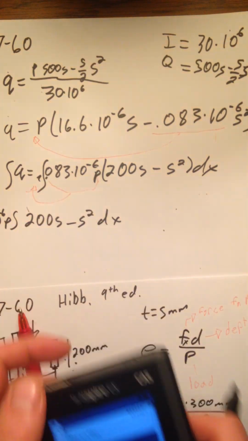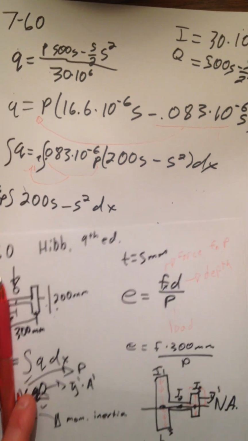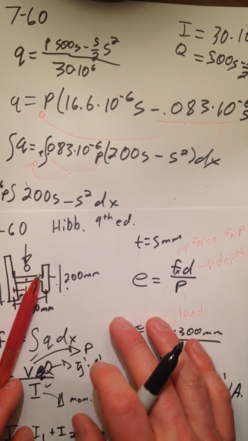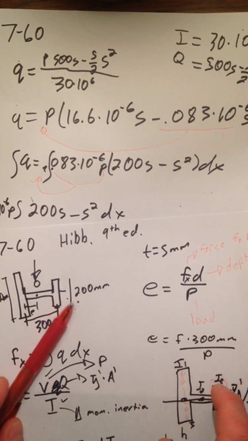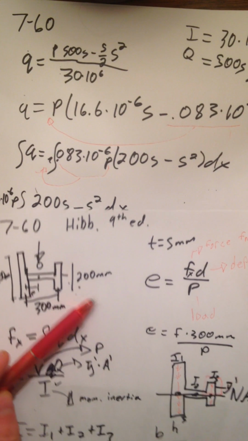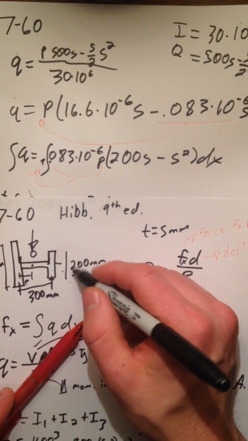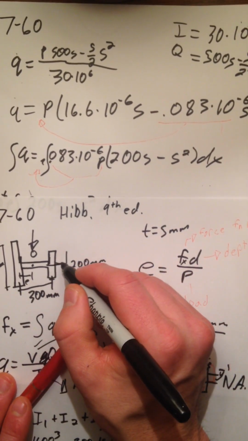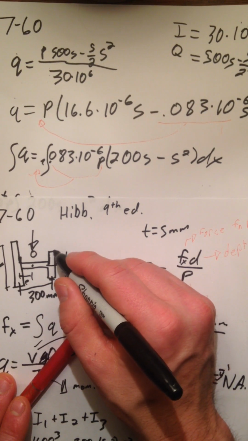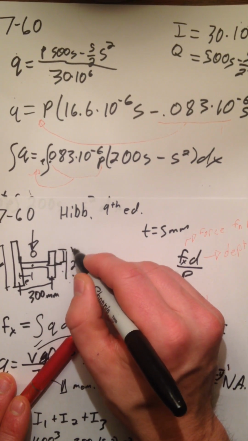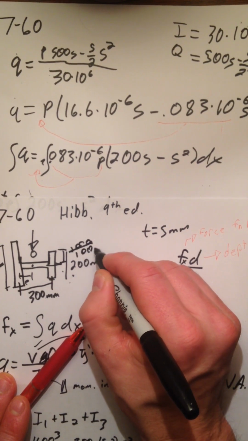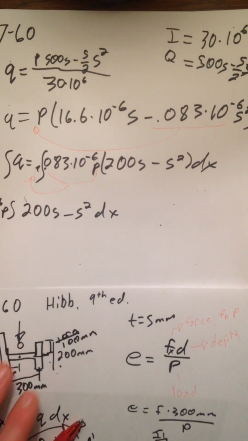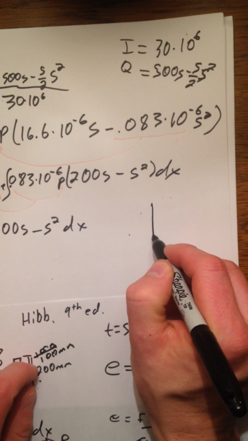I already calculated this out. Oh, and I gave away a big tip. We're integrating over an area, and our area was 200 total there, but we're going over that neutral axis. So this area here is only that 100. Oh my goodness, 100 millimeters. Why don't I just draw that thing again?